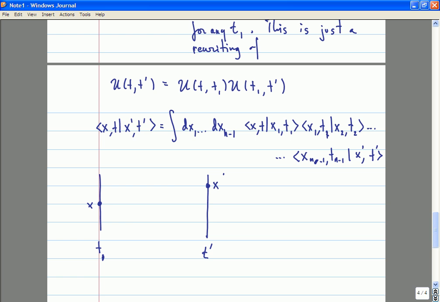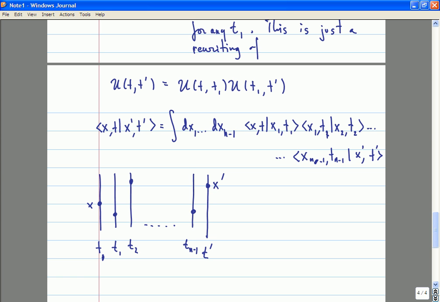And then I have imagined dividing up this time interval into a bunch of little pieces. So I've chosen a time t1, t2, and so forth, all the way up to tn minus 1. And the particle is at some positions at these intermediate times.